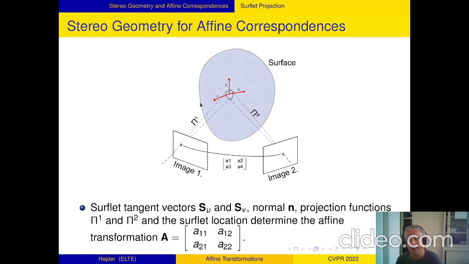And there is a surface, and we take a piece of surface. I like to call it surflet. So a surflet is given. The surflet can be represented as a tangent surface, a piece of the surface. It's represented by a location and the surface normal, but the tangent directions can also be formed. SU and SV are the tangent directions, and N denotes the surface normal.